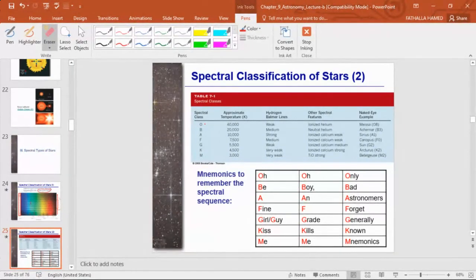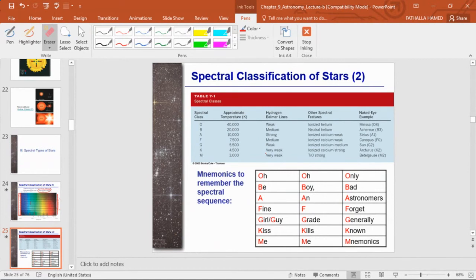Well, initially that was not known. They were just collecting spectrum and giving them this classification. Later, when they were able to calculate surface temperature from them, that's the classification that we came up with.